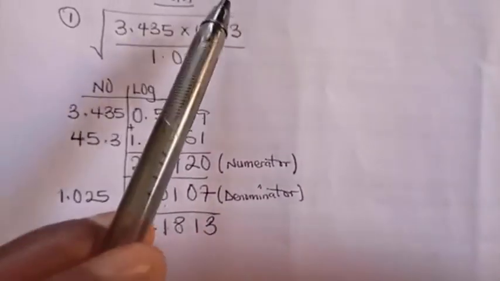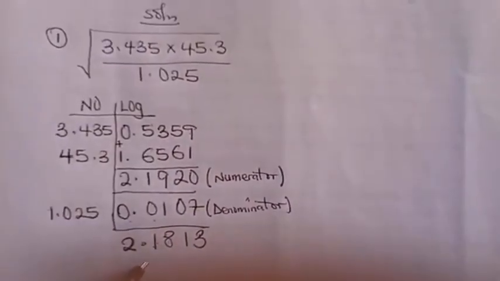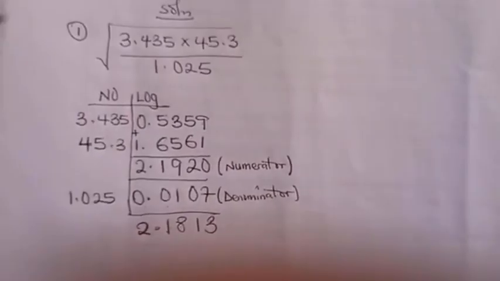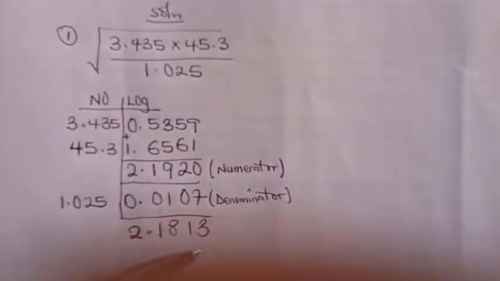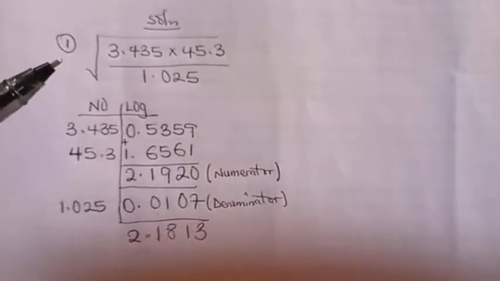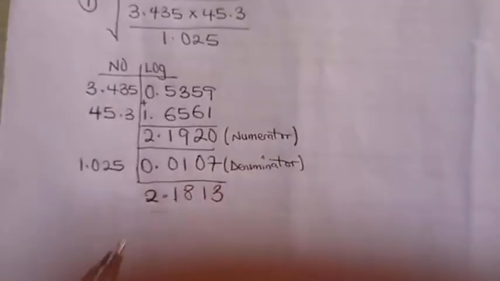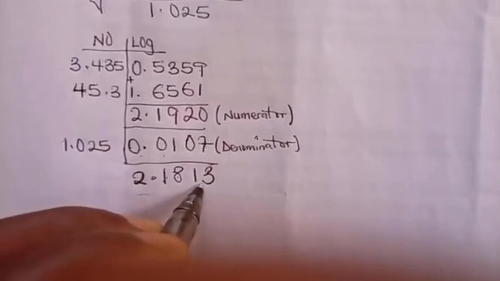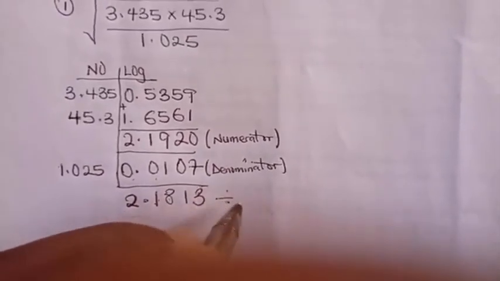Next, we apply the root law on this number 2.1813. And like I said earlier, anytime you have the root sign, you are going to divide the logarithm by the value of that root. And the value of this root is 2. That's a square root. So you are going to divide 2.1813 by 2.